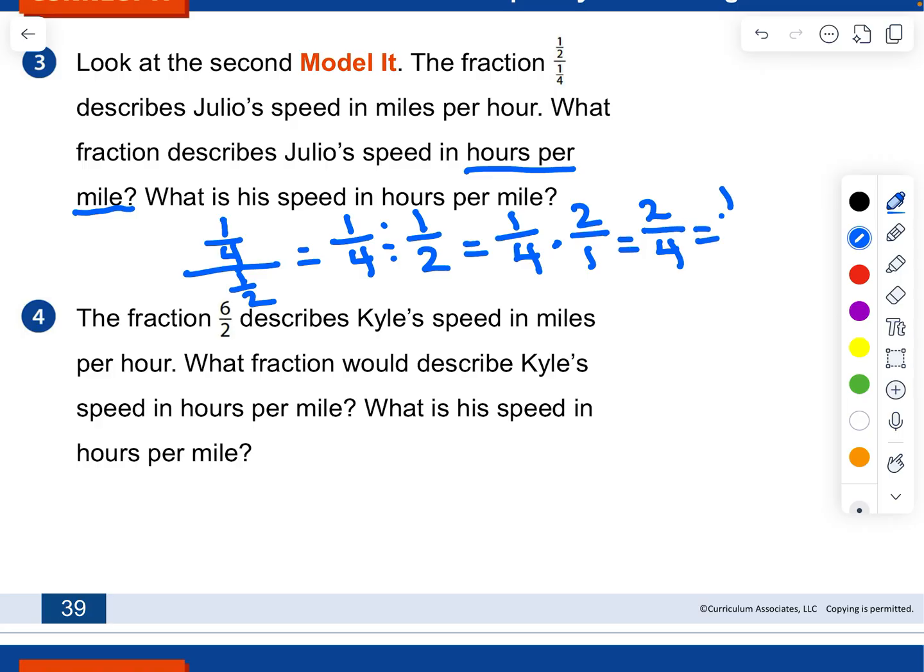Simplify that fraction to 1/2 hour per mile. And sometimes that's a good way to look at it. It takes 1/2 of an hour to go 1 mile.